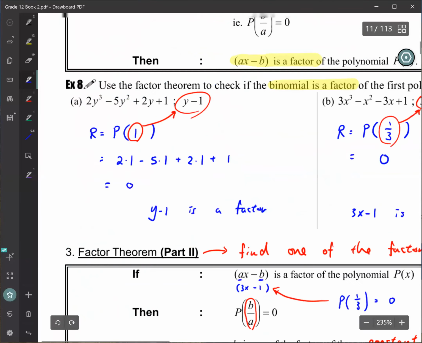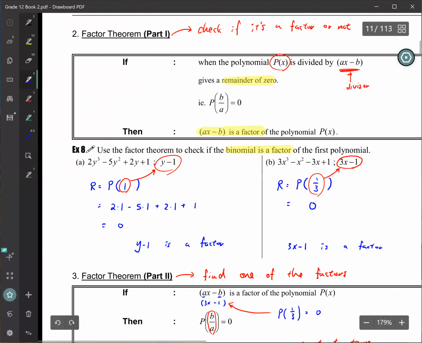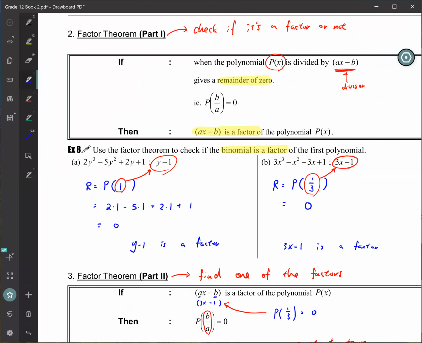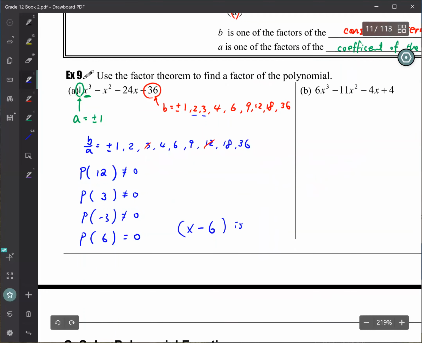Think about this one. If 1 works, then it's x minus 1, right? If it's 1/3, then it's 3x minus 1, right? You are going backwards. Before was solve for divisor equal to 0. Now you want to go back, get the divisor, right? So x minus 6 is a factor.